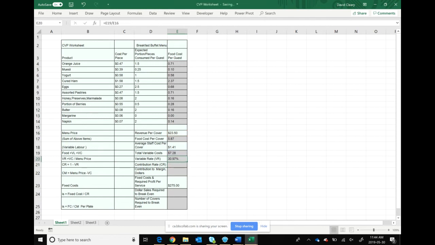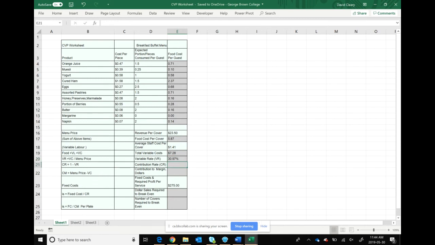So what that means is that every time we sell to a single guest, we're going to charge them $23.50, and 30.97% of that $23.50 is going to go towards covering the variable costs.